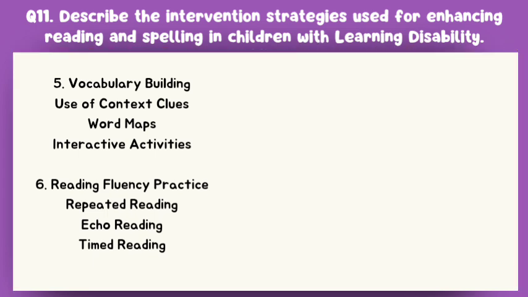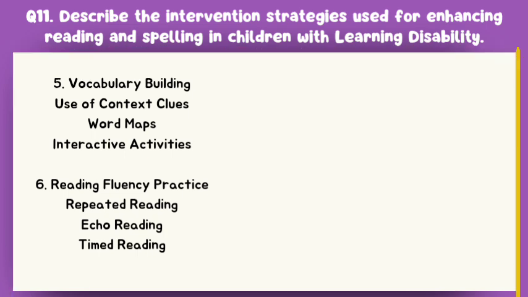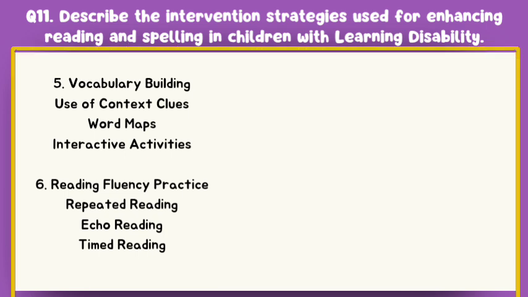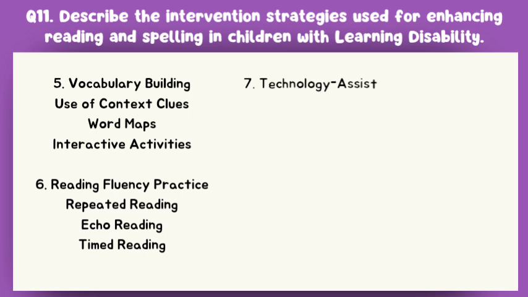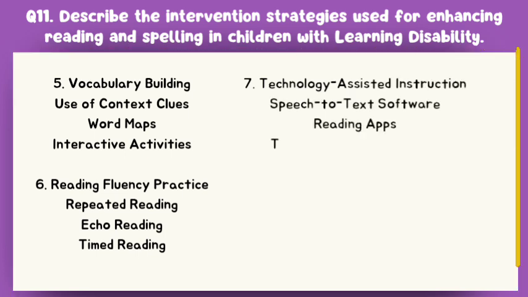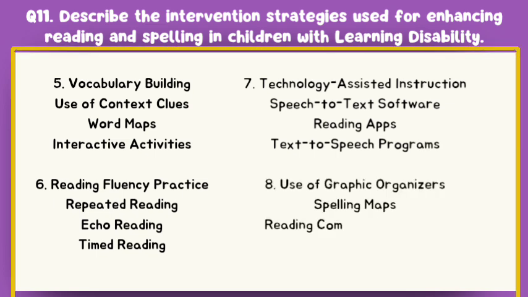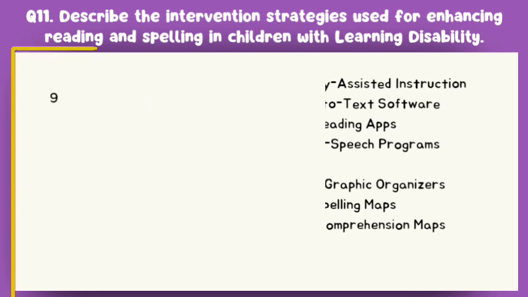Sixth is reading fluency practice. The purpose is to increase fluency in reading, improving comprehension and spelling through automaticity in word recognition. The next is technology assisted instruction. Technology can offer a personalized, engaging, and effective learning tool. The next, eighth, is use of graphic organizers.